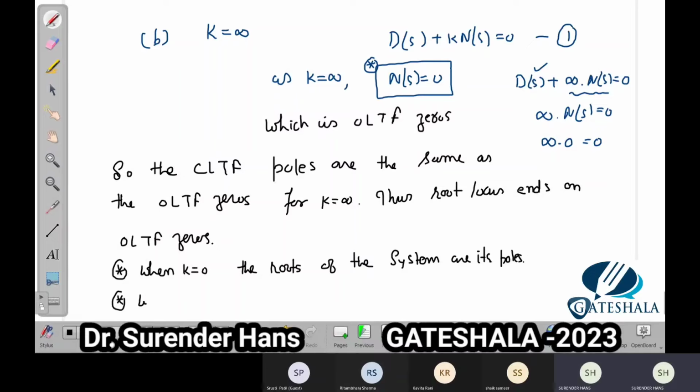Another important point is, when k is equal to infinity, the roots of the system are its zeros. It means that the root locus starts at the poles and terminates at zeros as k varies from 0 to infinity.